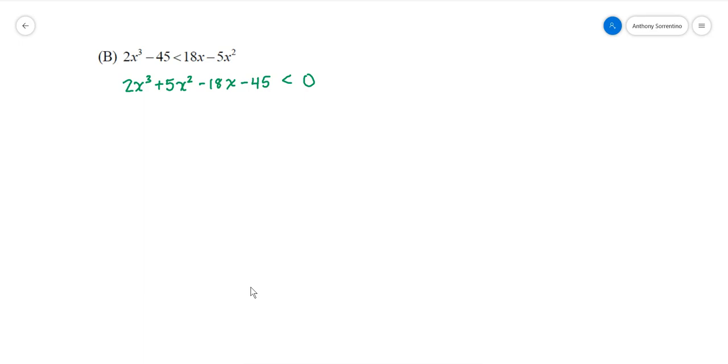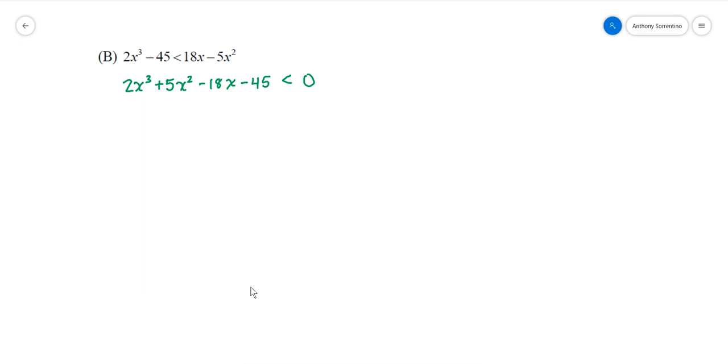Or you could simply say, well, I'm looking for numbers that go into 45, and they're half. So either those integers or half of those because of the leading coefficient. And those would be your pool of numbers to try and see which of them would actually make the left-hand side equal 0.